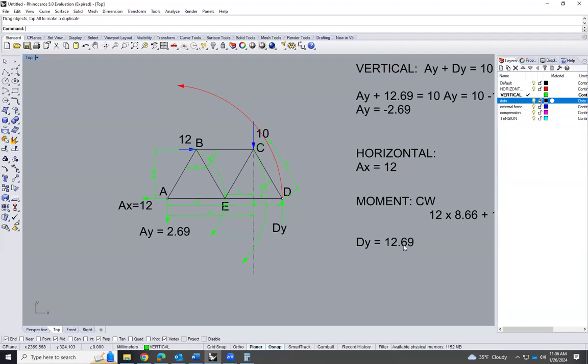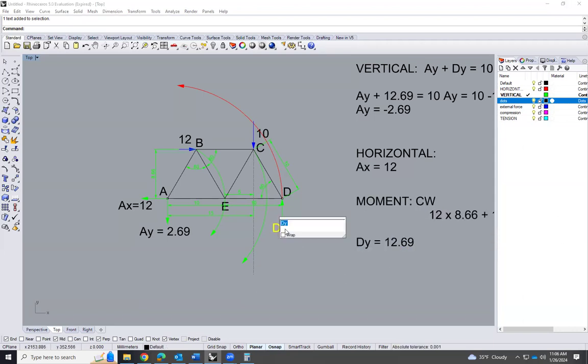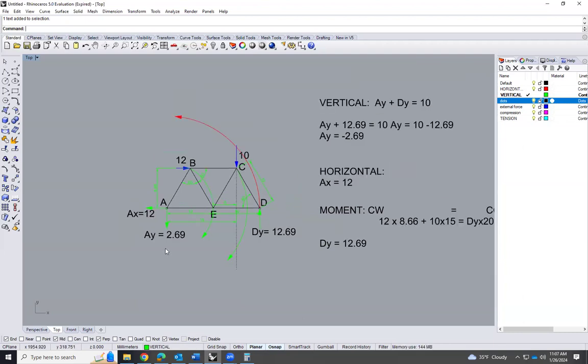And dy equals this 12.69. There you go. So those are the reactions here. So now we have to start solving the equilibrium at different points.